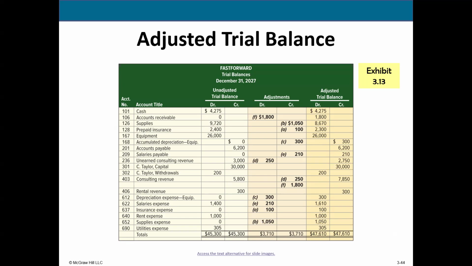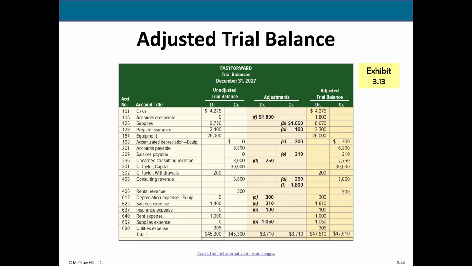The first thing we do is we list out all of our accounts in order. We start with all of our balance sheet accounts, starting with assets and then liabilities and then equity accounts. And then we list out all of our income statement accounts, all of our revenue and expense accounts.